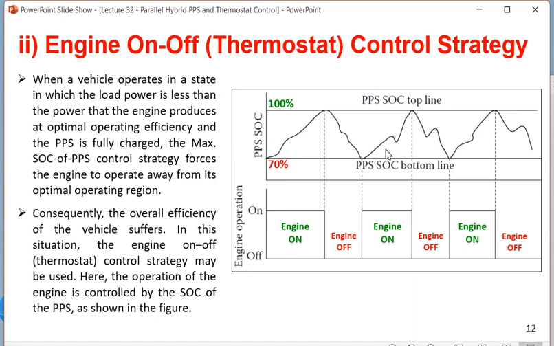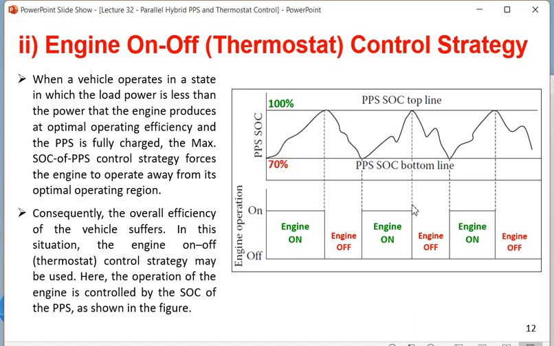But the characteristic of the engine on off and the PPS charging discharging remains the same. It will start charging from 70%, it will go up to 100%. As soon as 100% of the PPS charge is reached, the thermostat switches the engine off and turns the PPS on. Again the PPS starts discharging through the vehicle load, and again it comes to this point where the engine is started again and PPS starts charging.